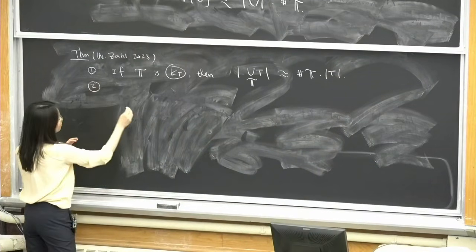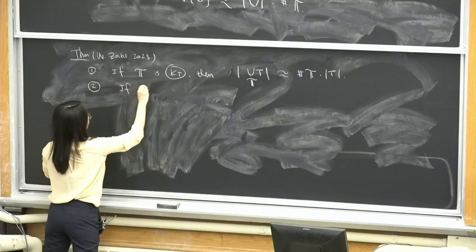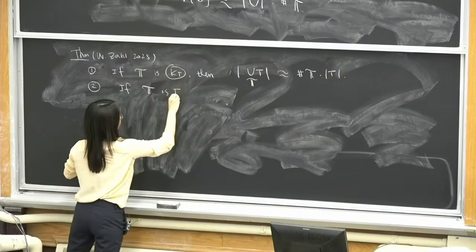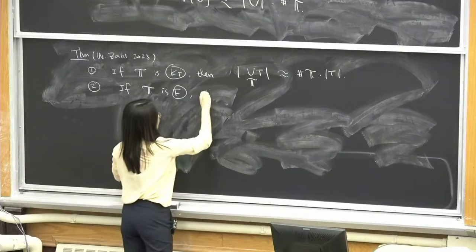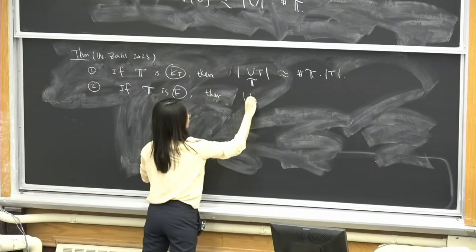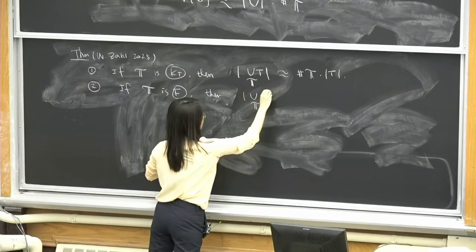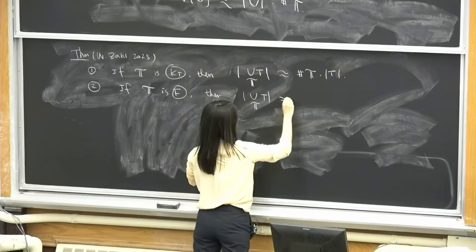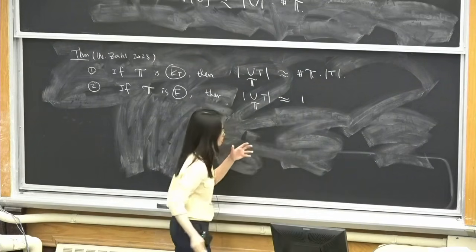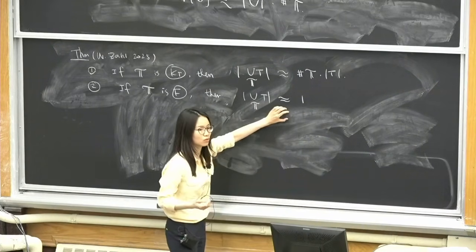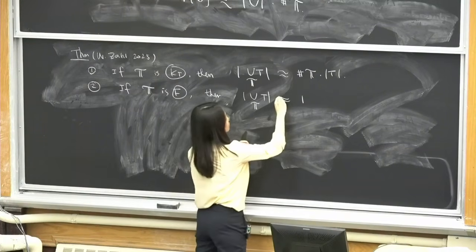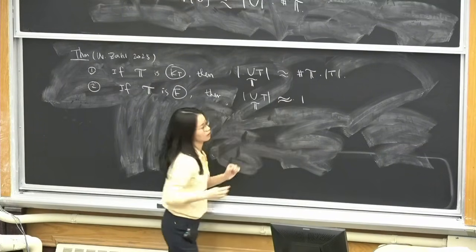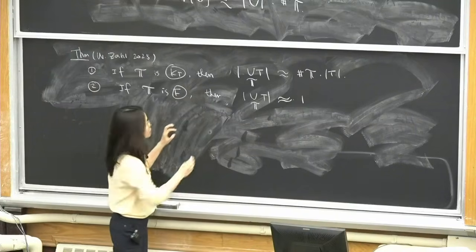And if the set of tubes satisfies the Frostman-Wolff axiom, then they should fill out the ball, so it has volume approximately 1. Again, this approximately absorbs epsilon powers of delta. So this is what we proved.